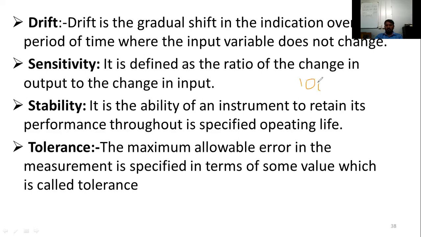Instead of 100 volt I will increase to 120 volt. The instrument should read 120 volt in that condition. Then we can say that it is sensitive.